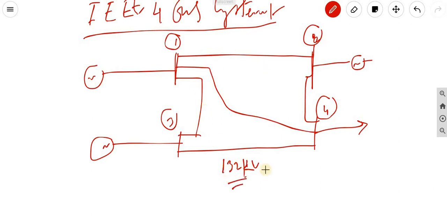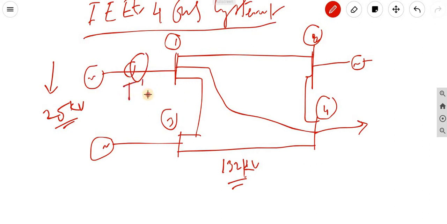But the generator's maximum voltage level capacity in India is 25 kV. There are certain limits not to generate the maximum kVA. So for that purpose, we should step up the voltage level.